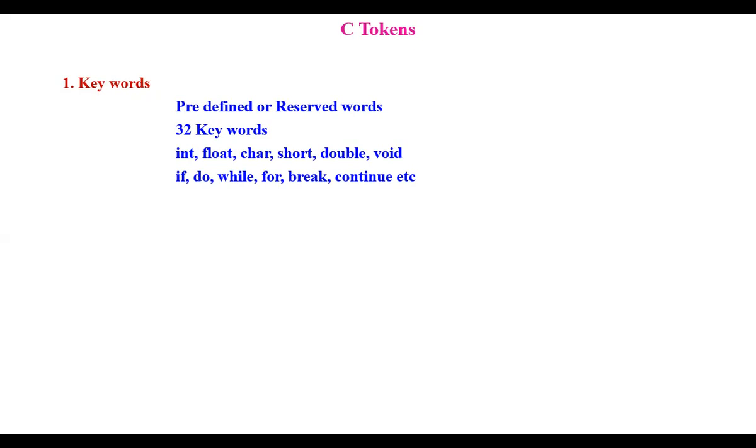If we try to use them for a different purpose, it gives an error because they are already defined for a specific purpose. We cannot change their purpose. They should be used for that purpose only.